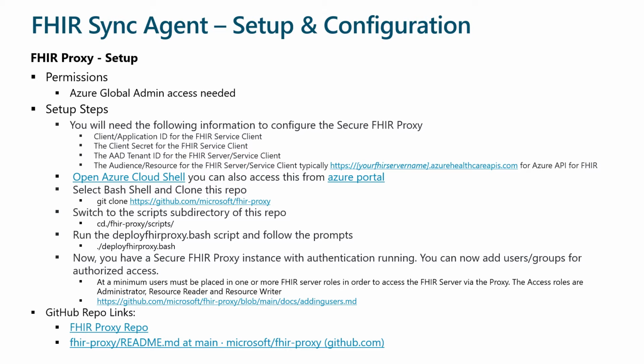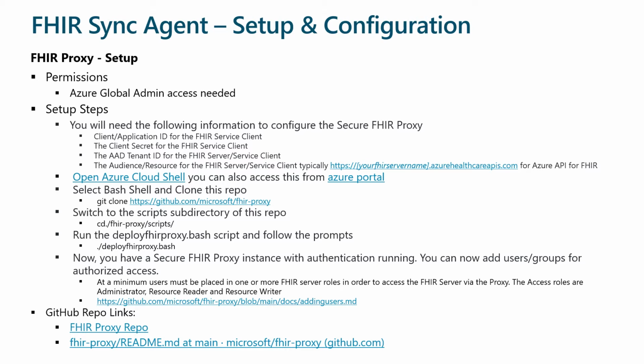In terms of the installation, you log into the Azure Cloud Shell from the Azure portal and clone the FHIR proxy repository that is available publicly, and then navigate to the scripts folder and run the deploy FHIR proxy bash script and follow the prompts. Now, we'll have a secure Firefox instance with authentication running.